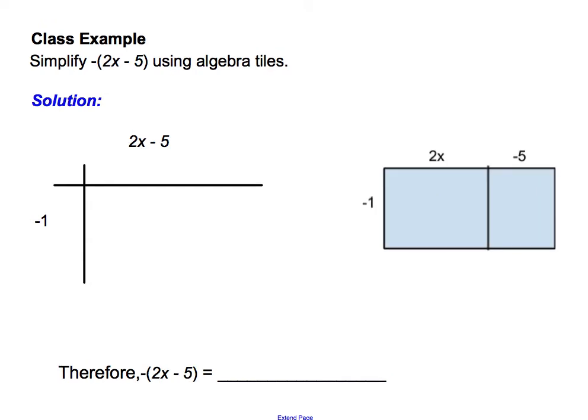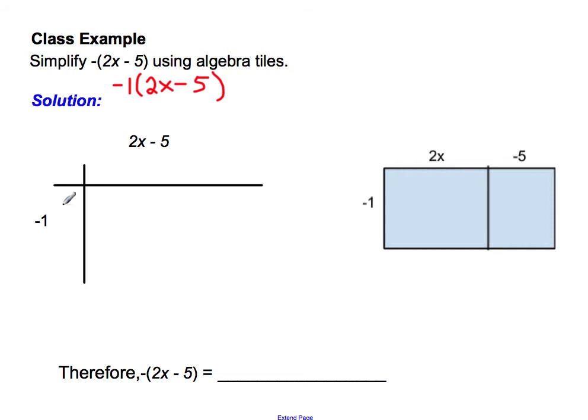Okay, let's try one more. Here I have simplified negative, open bracket, 2x minus 5. Remember, I said if you don't see a number, you assume it to be 1. So this is another way of saying that is negative 1, 2x minus 5.